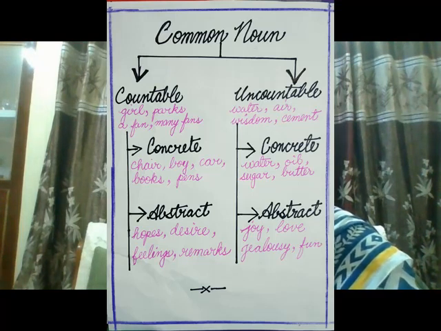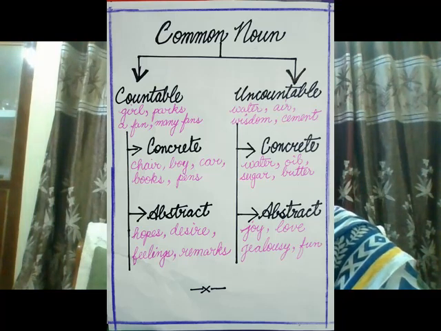Chairs means it can be more than one. There can be two chairs, several chairs, 10 chairs, 100 chairs. Then we have in concrete countable boy, boys, car, cars, book, books, a pen, many pens.